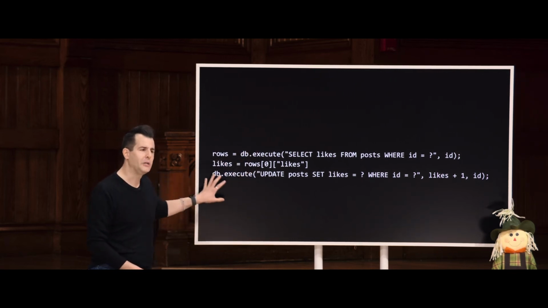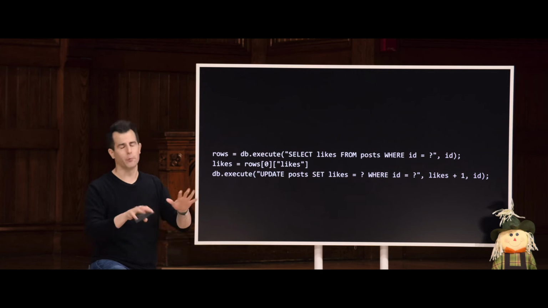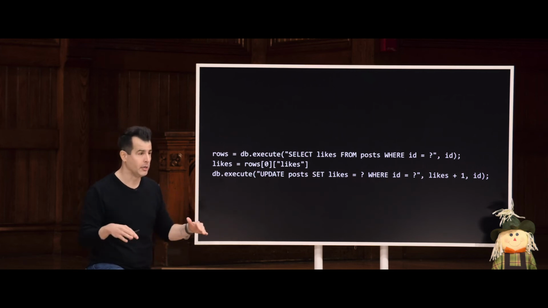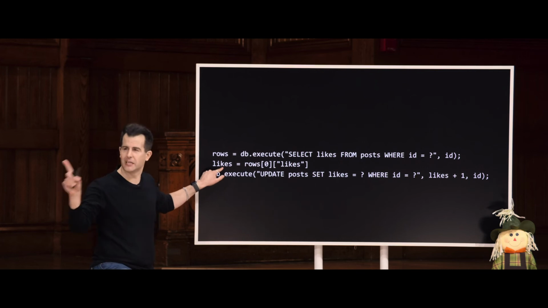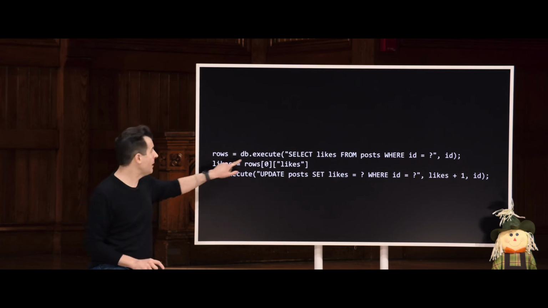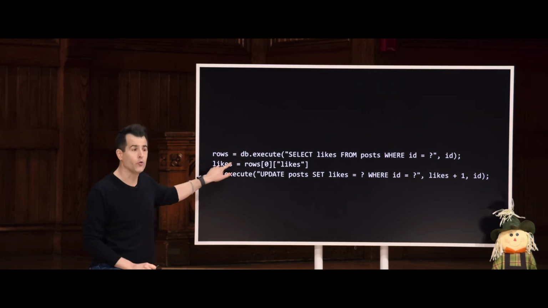The problem, though, is if these lines of code get interrupted, what could go wrong? Well, suppose that Carter and I both click the egg at the same time, and suppose the current number of likes back in the day is 100. That stores in this variable the value 100. But if we click so close in time, we might get back the same answer to this select query. As of that moment in time when David and Carter clicked, it had 100 likes.